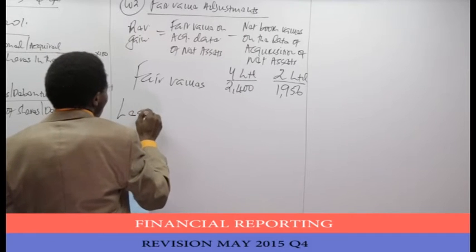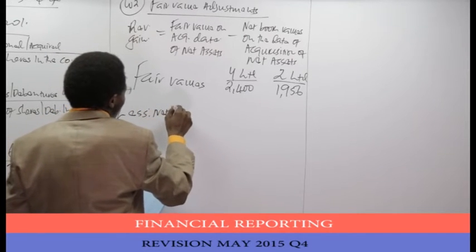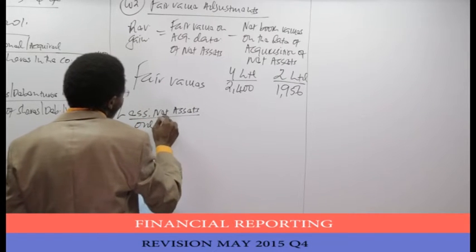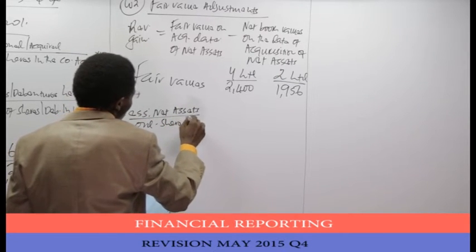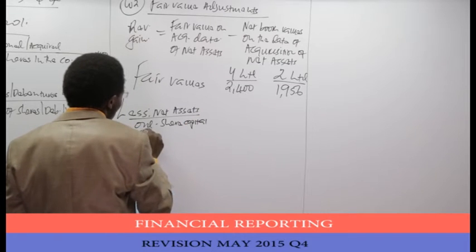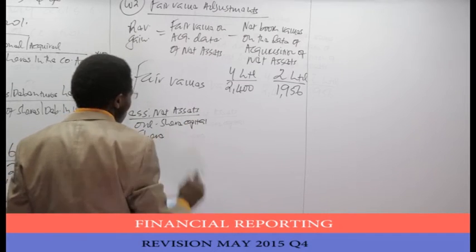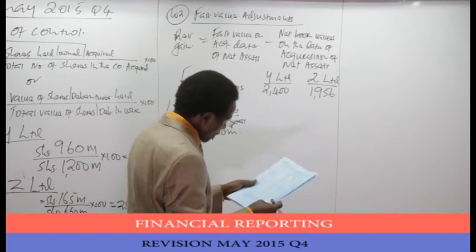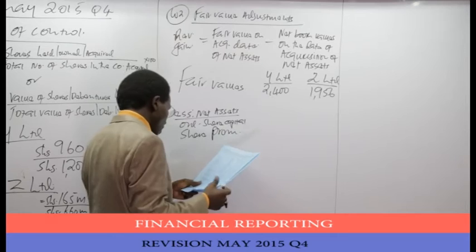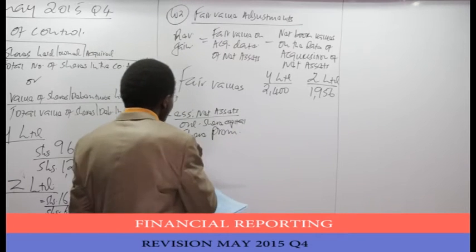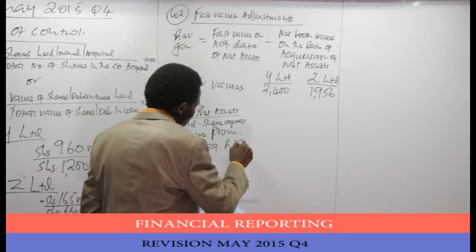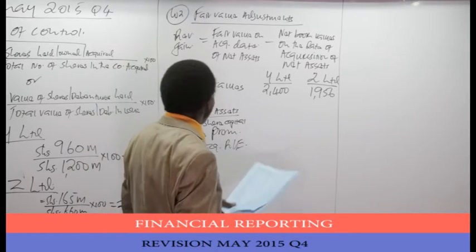Our net assets include the ordinary share capital, share premium, friends, and we also have pre-acquisition retained earnings. So that's the position.